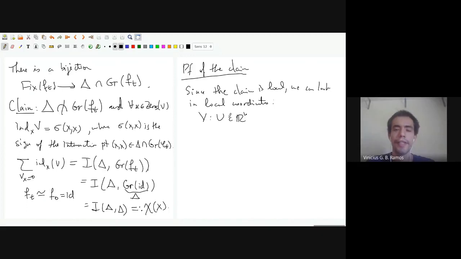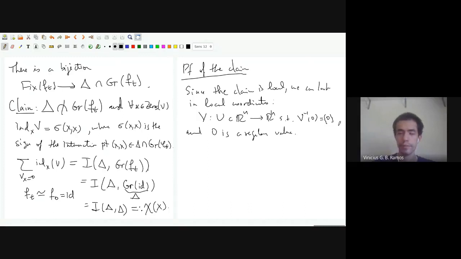So we can think of V as being a map from an open subset of R^n to R^n, such that the preimage of 0 is just the element 0, and 0 is a regular value.